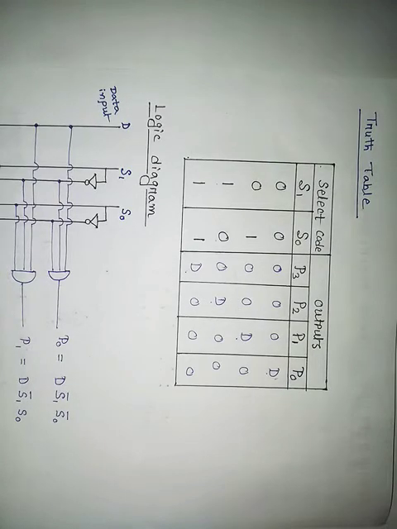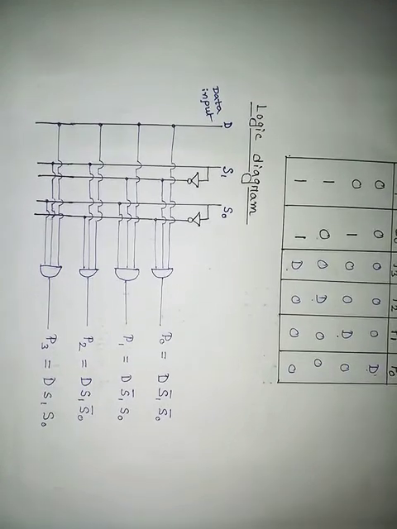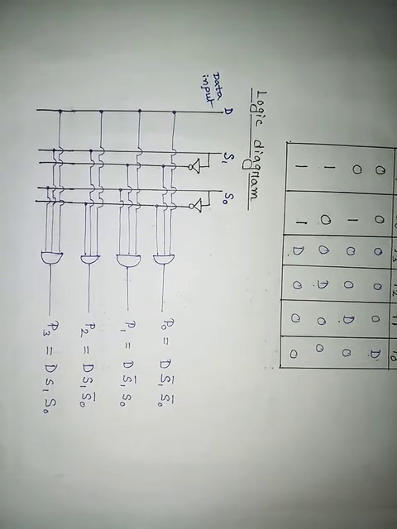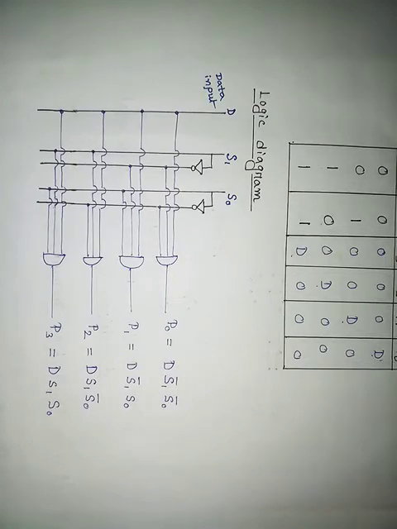Now the logic diagram. Coming to the logic diagram, you see that our data input is a common line, and our select lines s1 s0 create two parts: one is the real part, and another uses a NOT gate part.